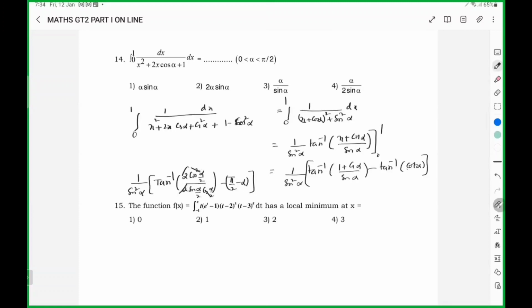So tan inverse cot alpha by 2, which is cot alpha by 2 is tan 90 minus alpha by 2. I'll write pi by 2 minus alpha by 2 minus pi by 2 plus alpha. So it is alpha minus alpha by 2. So fourth term.